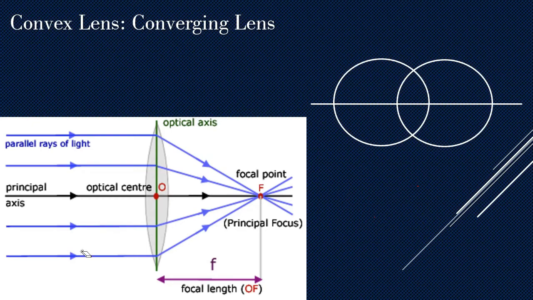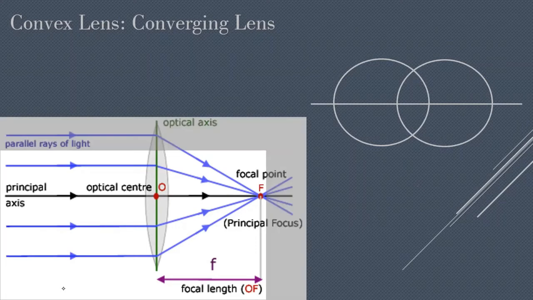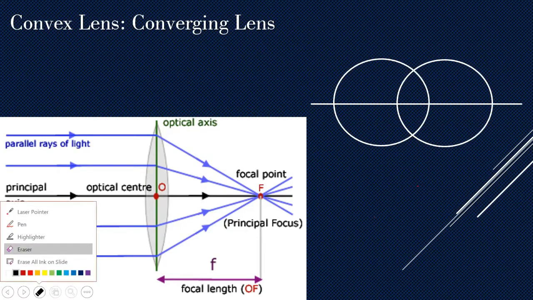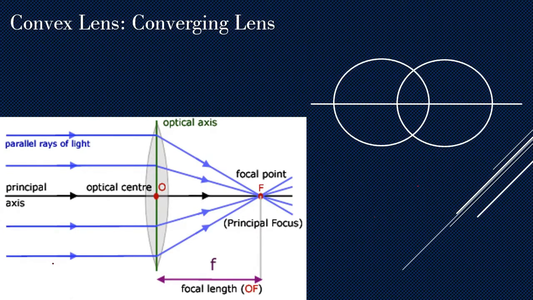As I had told you earlier, a convex lens is part of two spherical surfaces, right? So if this is one spherical surface, the other one is another spherical surface. If I combine these two, if I take one part from this and another part from this, what am I going to get? I am going to get a biconvex lens, right? Biconvex lens.